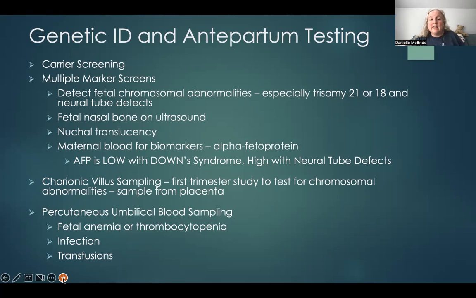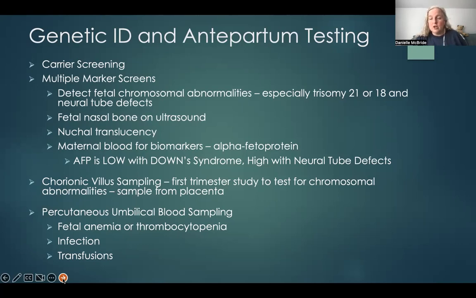And so if we get this abnormal value, then we can move on to other steps. We could do an ultrasound, or we can do an amniocentesis, which I'm about to show you. Chorionic villus sampling. This is an invasive procedure. So my friend I told you about found out that she carried the gene for cystic fibrosis, and her husband did too.